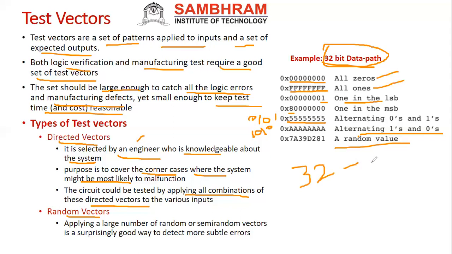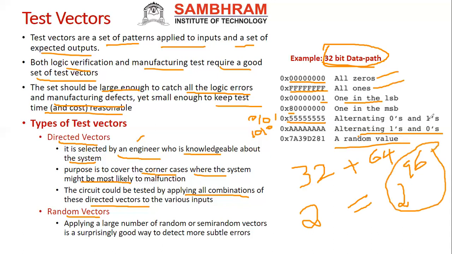Now assume there are around 64 registers. Then 2 to the power of 32 plus 64 is 2 to the power of 96. If I do the verification by applying test patterns for all of this, it will take millions of millions of years. So we are doing just this.